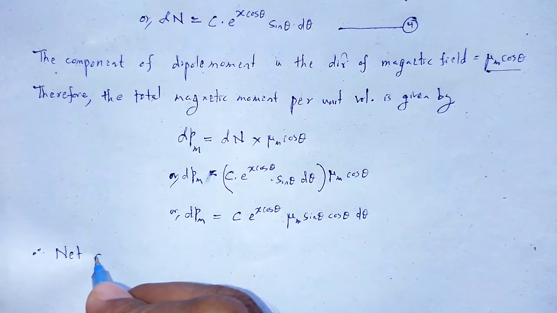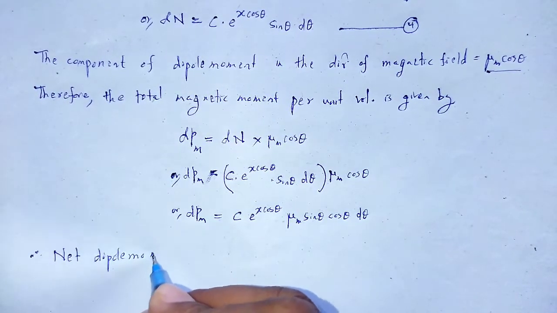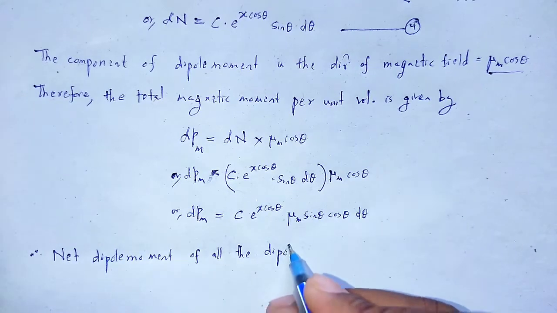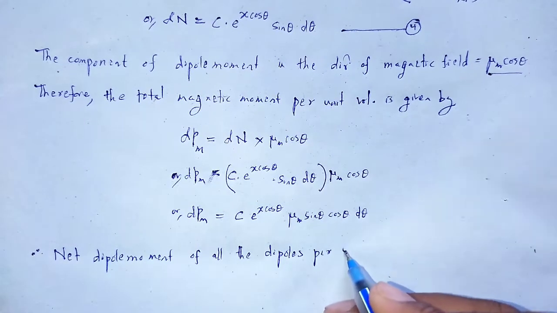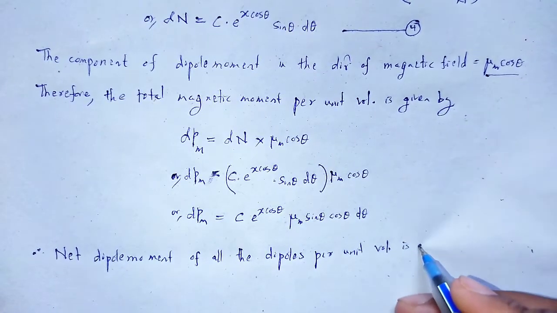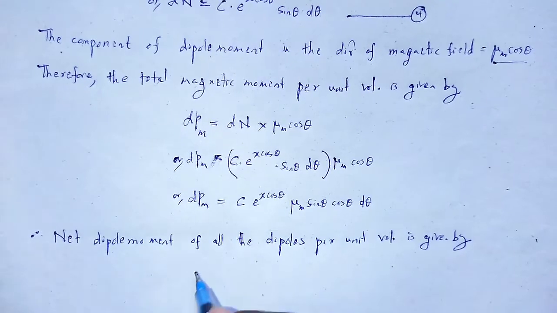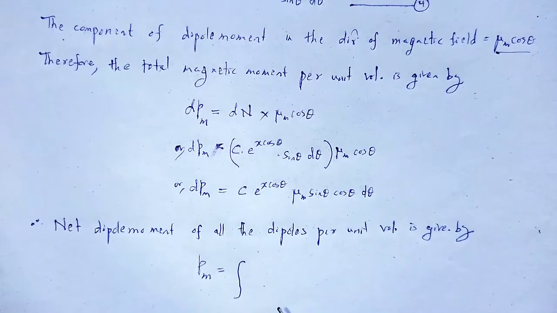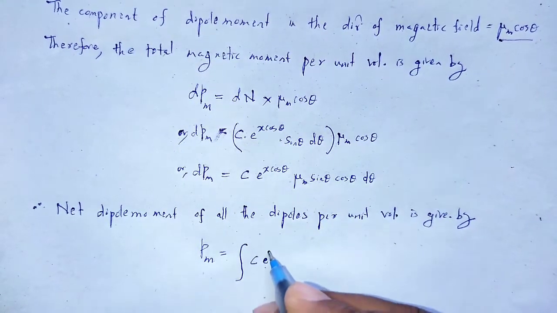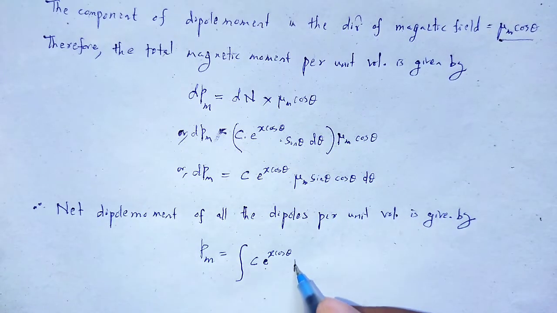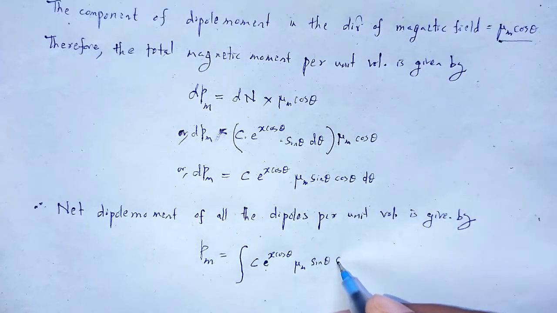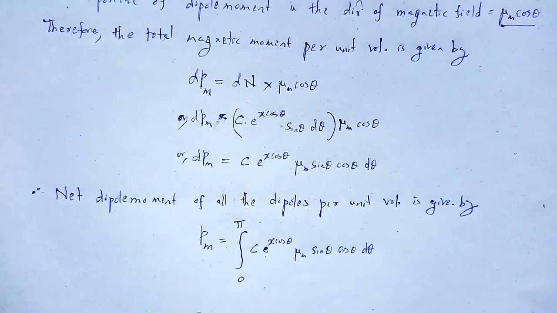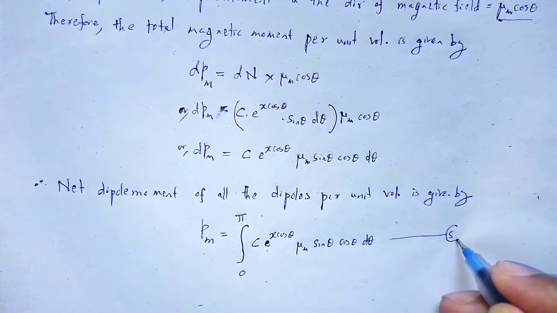Therefore, the net dipole moment of all the dipoles per unit volume is given by Pm, that is the integration of c e to the power x cos theta mu m sin theta cos theta d theta, with limits from 0 to pi. This is equation number 5.